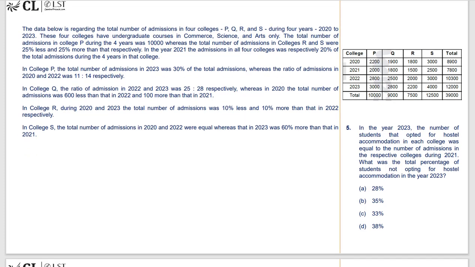In the year 2023, the number of students that opted for hostel accommodation in each college was equal to the number of admissions in the respective colleges during 2021. Find the total percentage of students not opting for hostel accommodation. Okay. In 23, the total figure is 12,000. People who are taking hostel accommodation is equal to the number of admissions in 2021, which is 7,800.